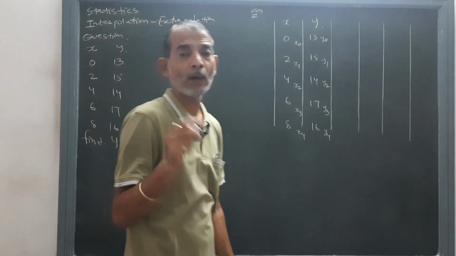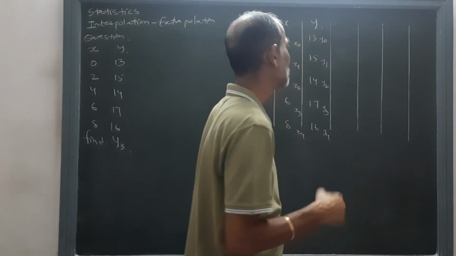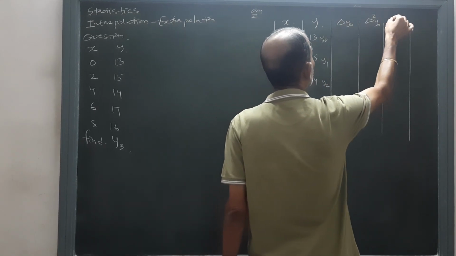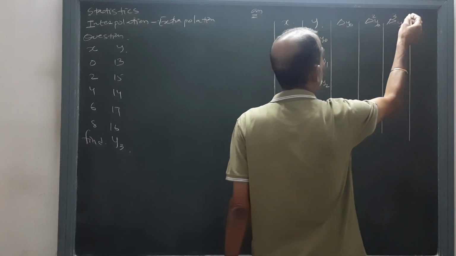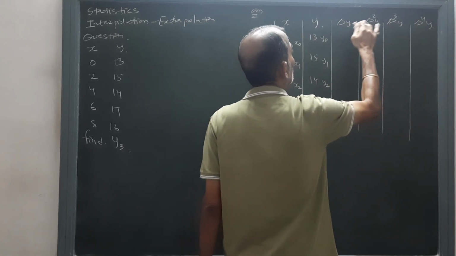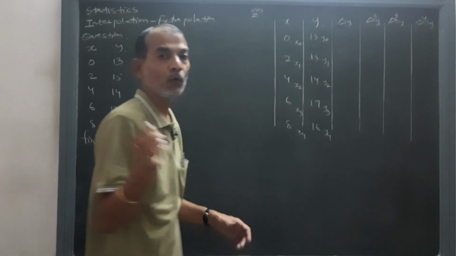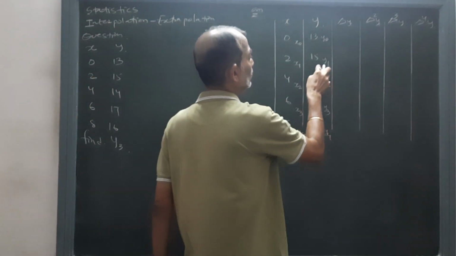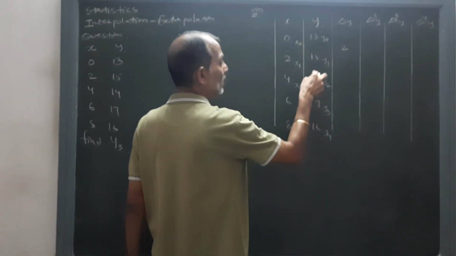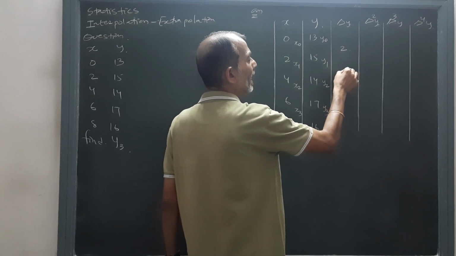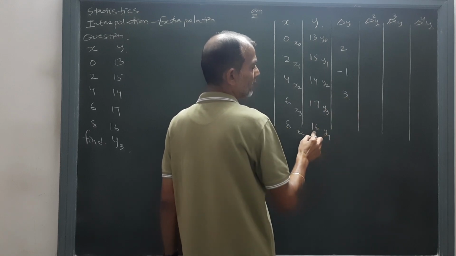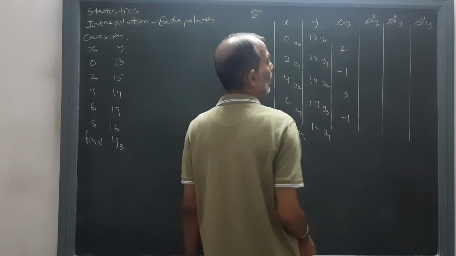Now first of all we have to find differences: delta y0, delta square y0, delta cubed y0 and delta to the 4 y0. How are these differences to be found? 15 minus 13, that will be 2. 14 minus 15, that will be minus 1. 17 minus 14, 3. 16 minus 17, minus 1.